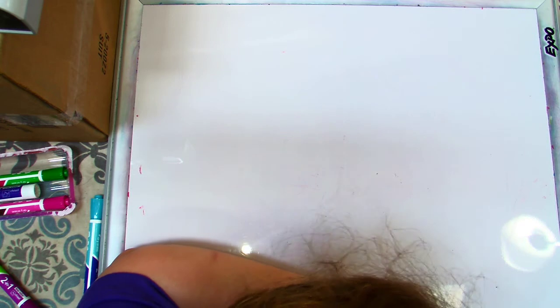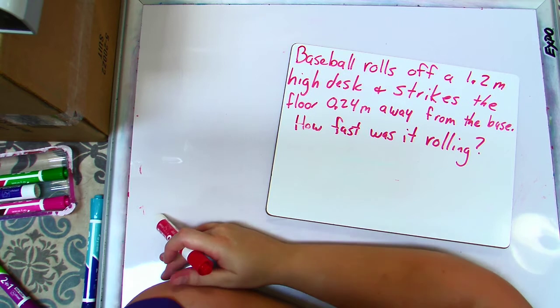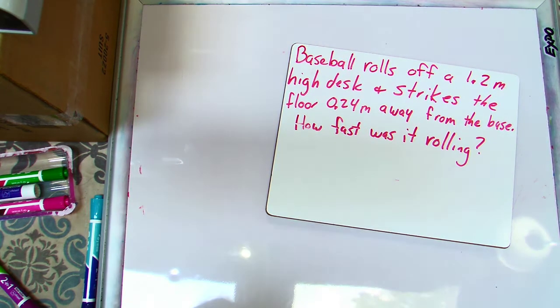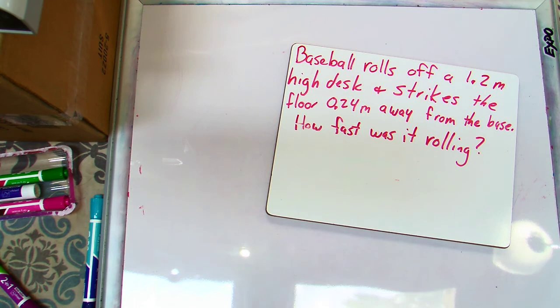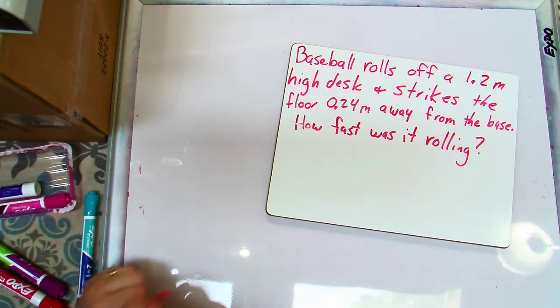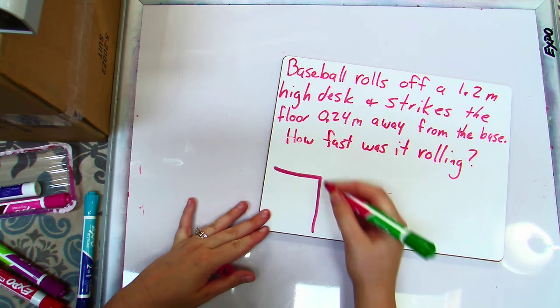Let's start with what we were just discussing, a baseball. It rolled off of a 1.2 meter high desk and it strikes the floor 0.24 meters away from the base of the desk. How fast was it rolling? Well, let's diagram this first. So here's our table. Here's the ball.